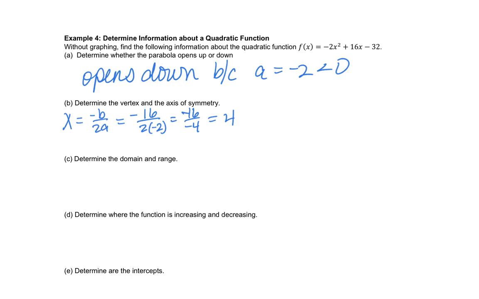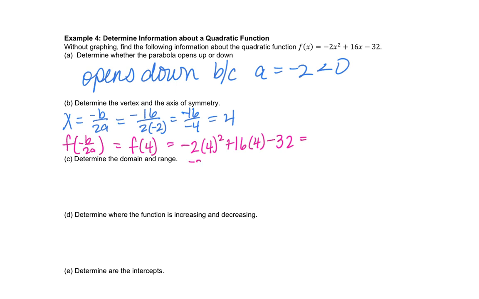So to find the y value, you're going to plug 4 into all of the x's. -2 times 4 squared plus 16 times 4 minus 32.